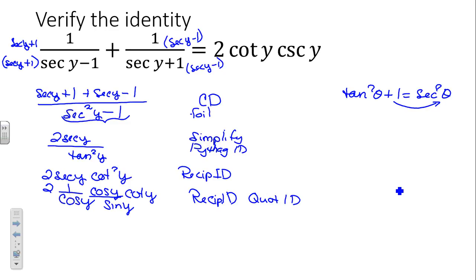And this is nice because they cancel, right? So we get 2 times the cosecant times the cotangent. And that was simply because of the reciprocal.